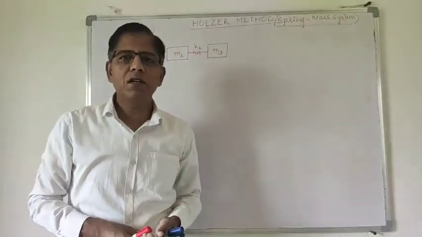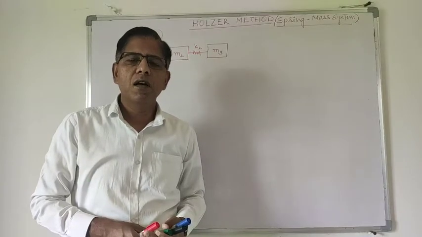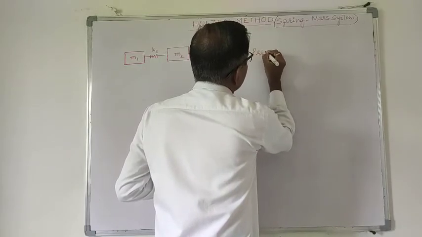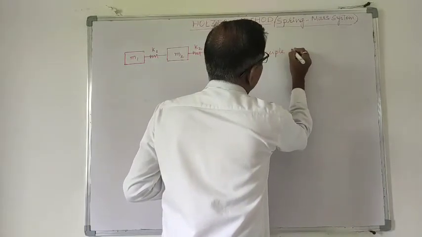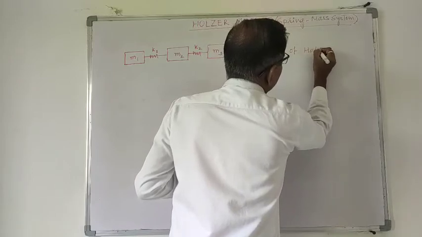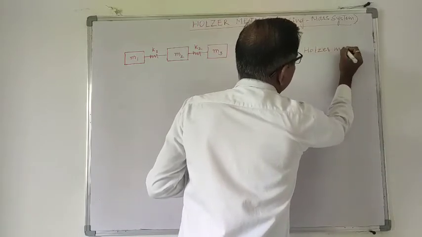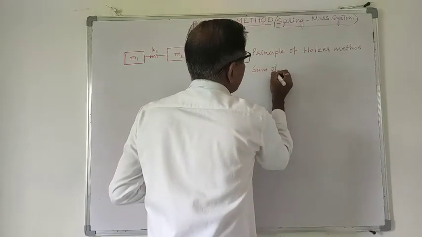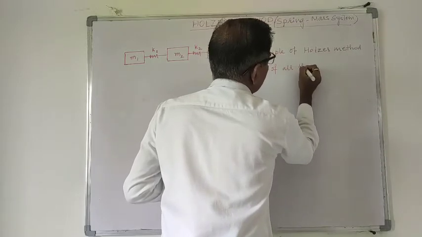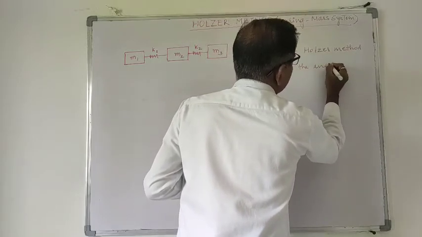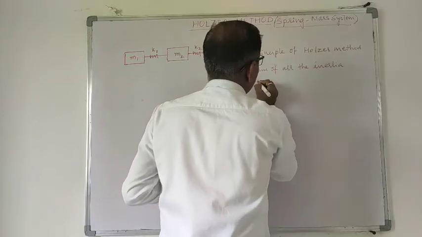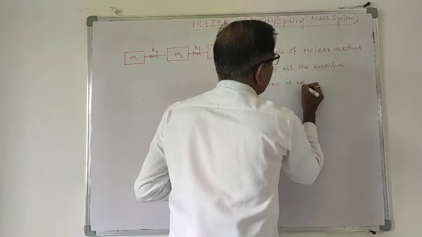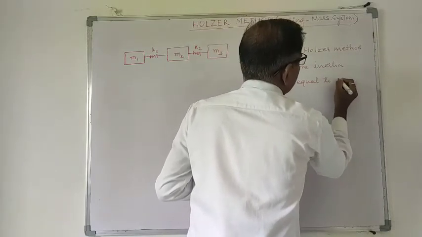Now this Holzer method works on the principle that the sum of all the inertia forces is equal to 0.